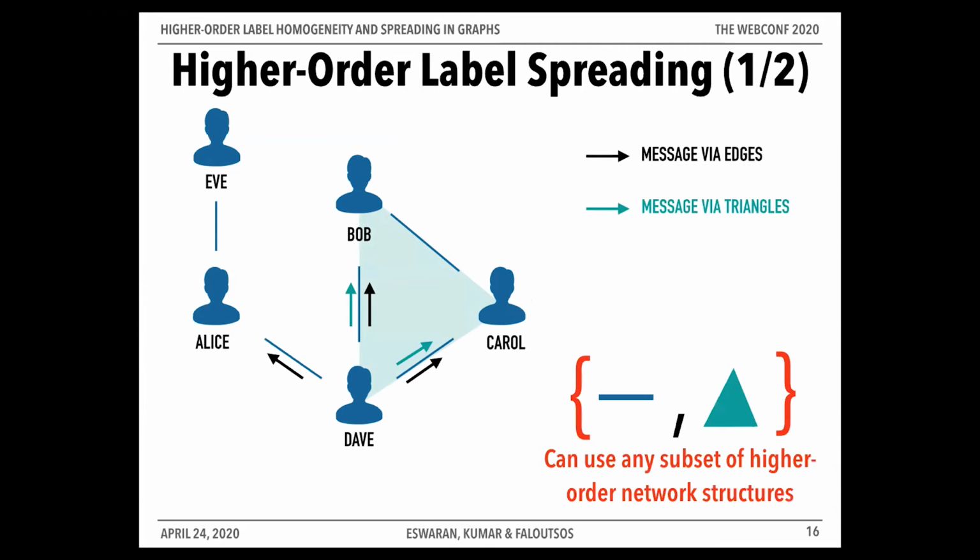In general, given any subset of higher order network structures, you can think of messages being propagated along these structures. Here, an edge is just a simple higher order structure that prior methods consider, and we want to generalize it to any kind of structure that we might want to leverage for label spreading.